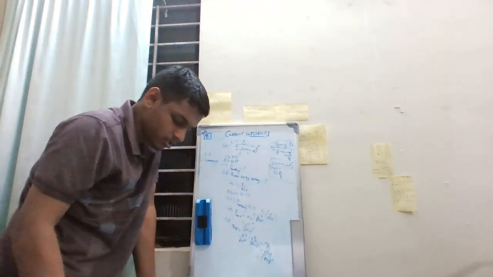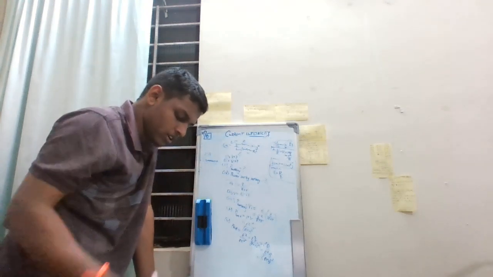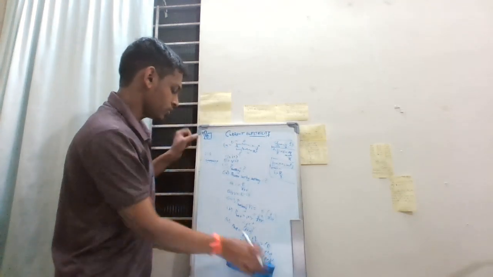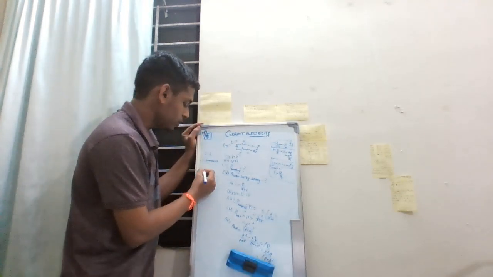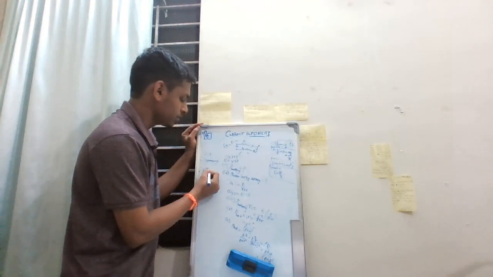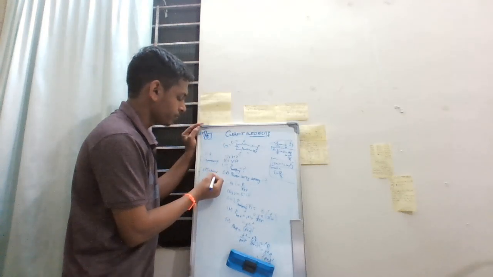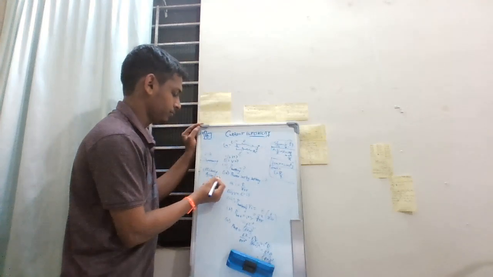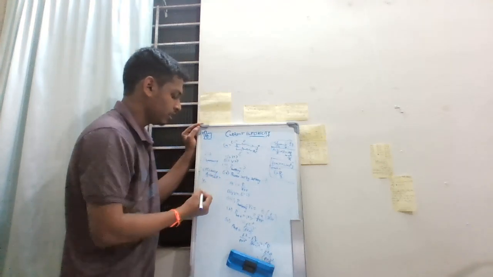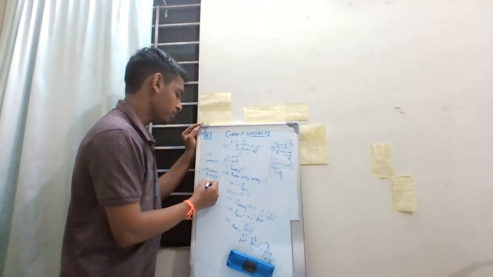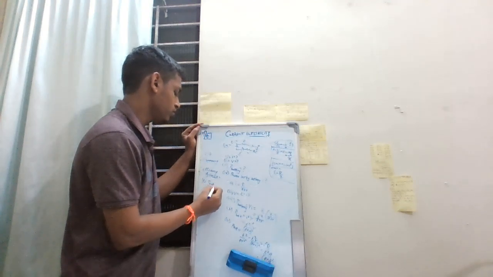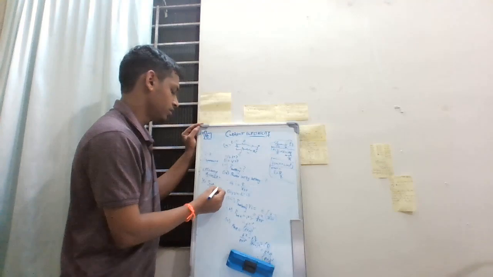So that's that. Now we'll see the efficiency of a circuit. In this question itself, we have to use it. So the efficiency of a circuit is denoted by eta. It is how much output it has given and how much it has consumed, into 100.